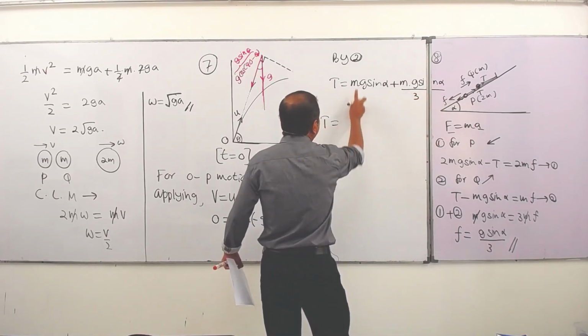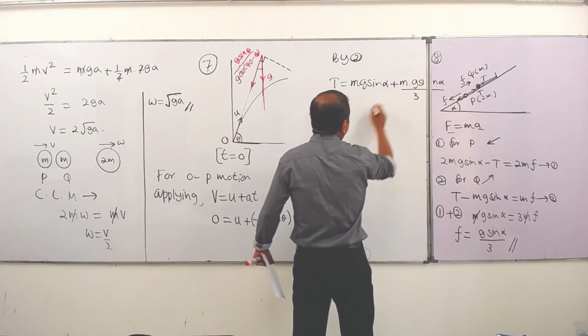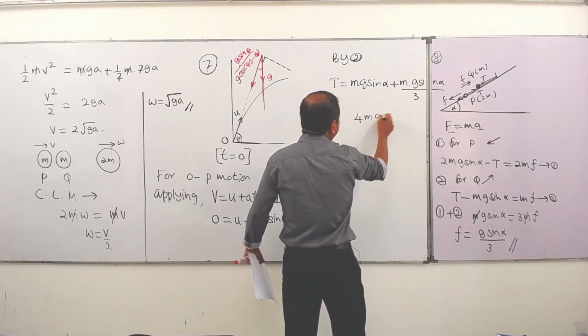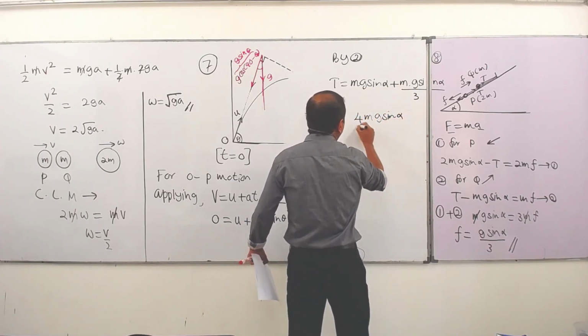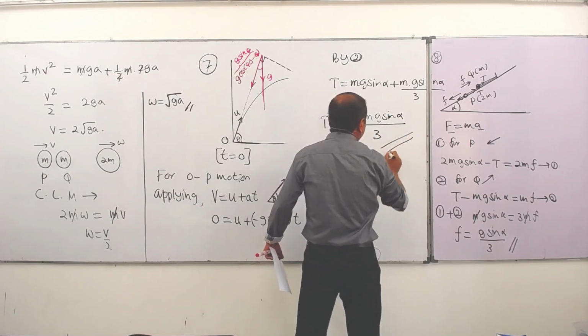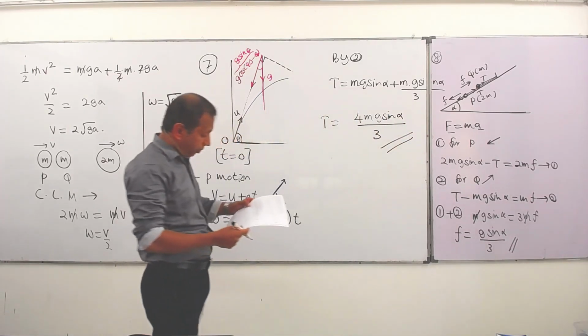Then we get T equal to mg sin alpha plus mg sin alpha divided by 3, which gives 4mg sin alpha divided by 3.